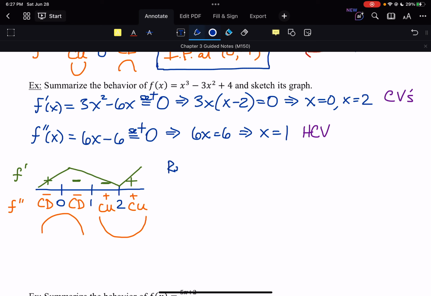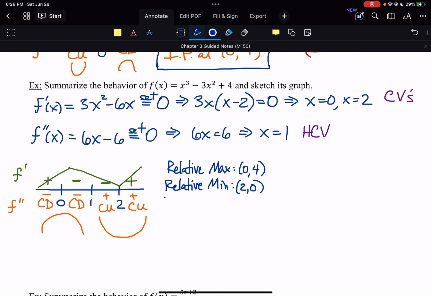So we're going to have a relative max at (0, 4). We're going to have a relative min here at 2. So that's 8 minus 12 plus 4 is 0.